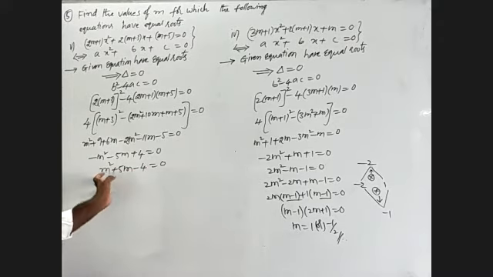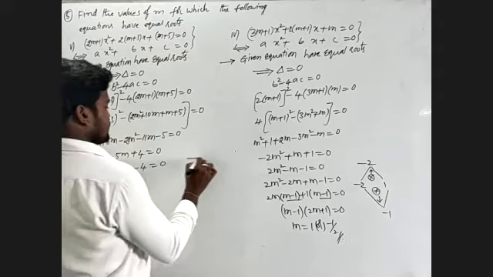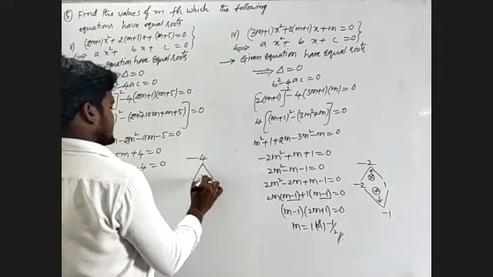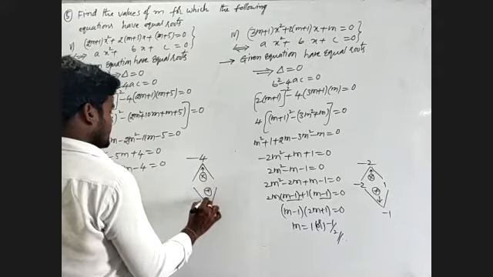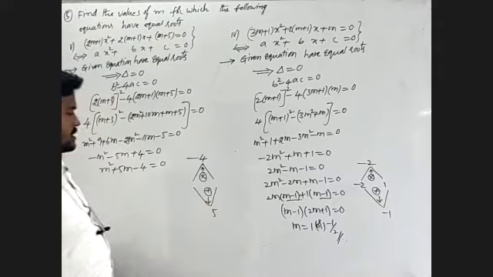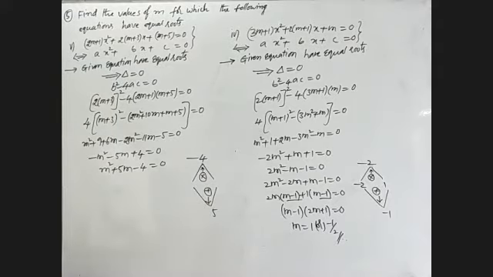Their product, 1 into minus 4, will become minus 4. It satisfies the multiplication; after that, we need to satisfy the addition, which is 5.